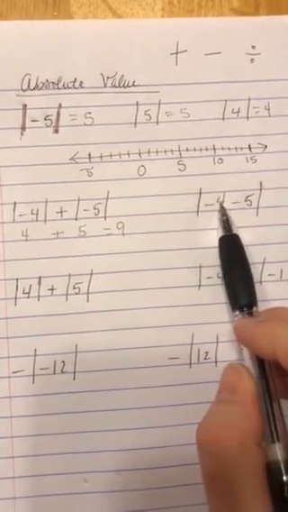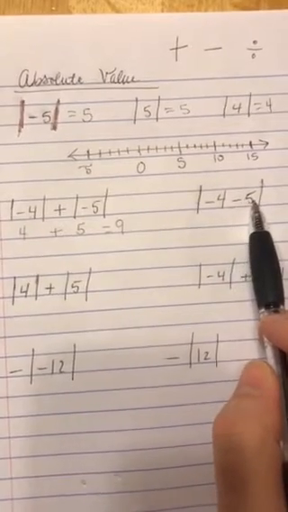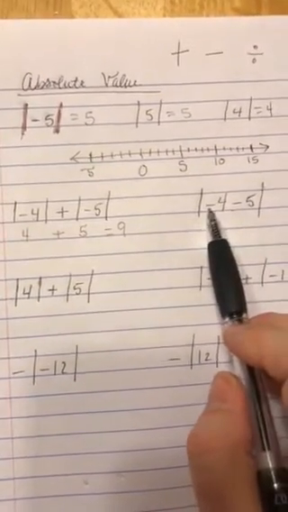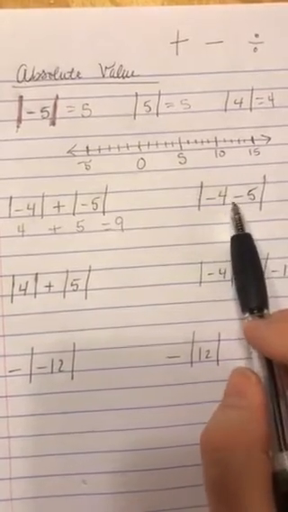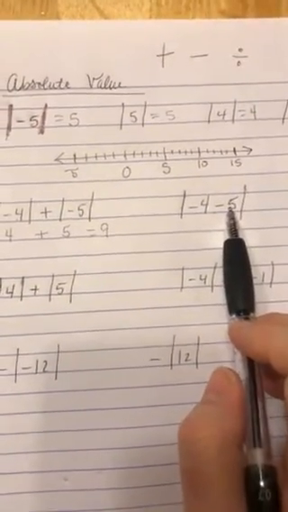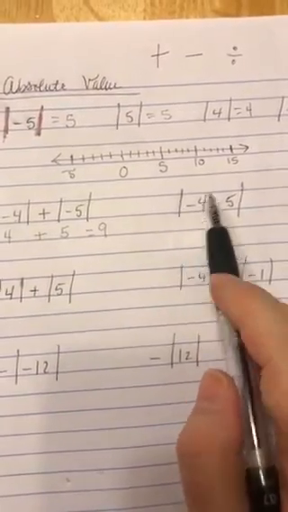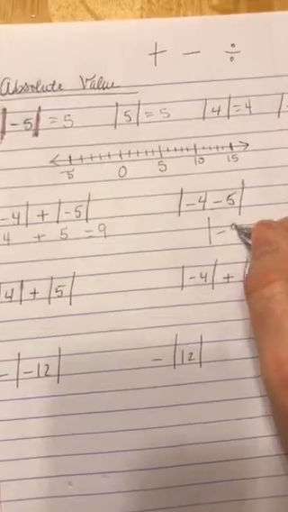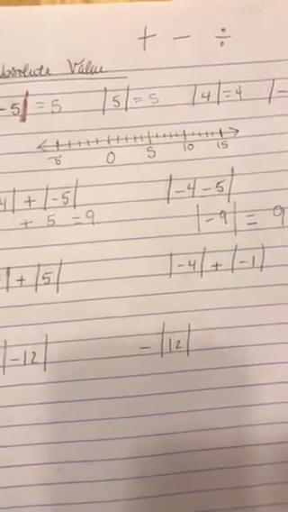If you are down $4, meaning you owe your brother $4, and then you're down 5 more. So you have loaned him 4, and then you borrow 5 more. -4 minus 5, you're down $9. So this is a -9 right here. So we're asking, what is the absolute value of -9? And the answer there is 9.